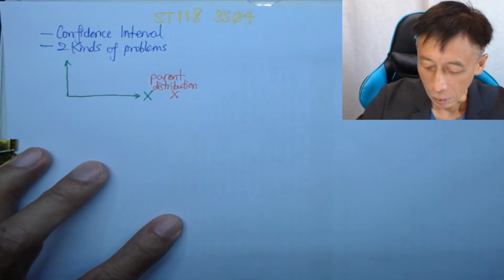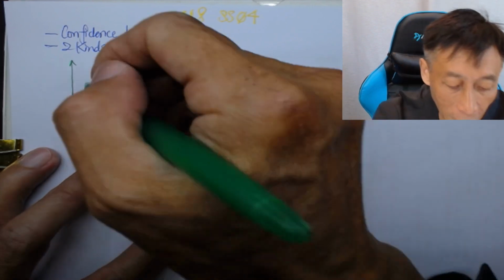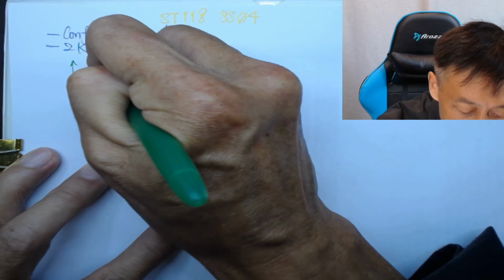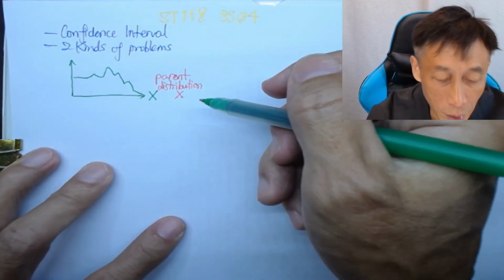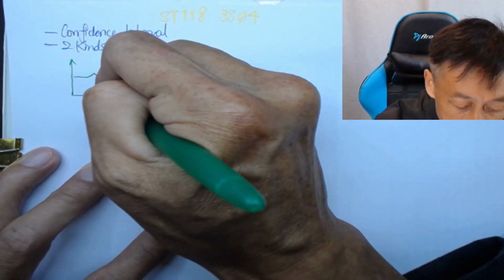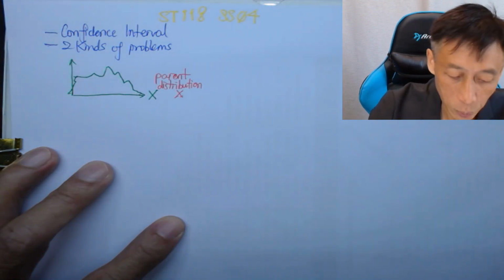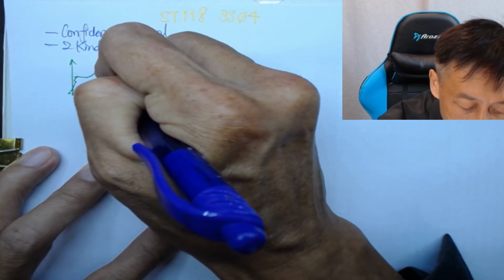Okay, so this is the nature. This exists in reality, and it can be any distribution, any shape, so long as there is this presence of mu, which is what we are trying to determine.